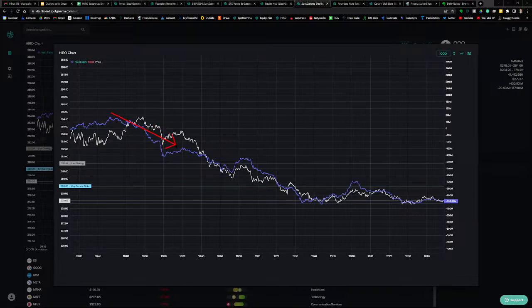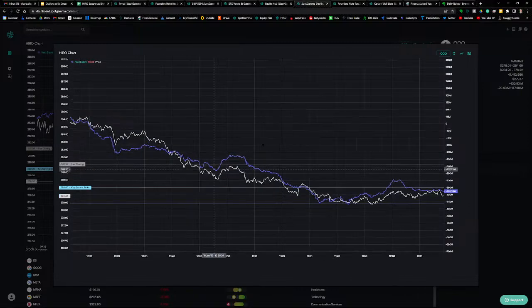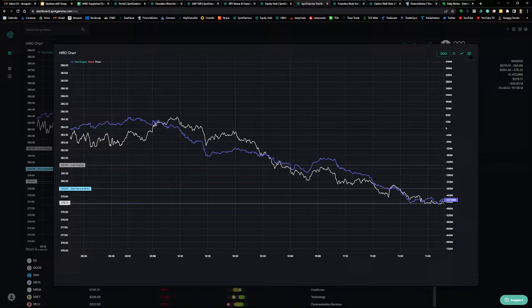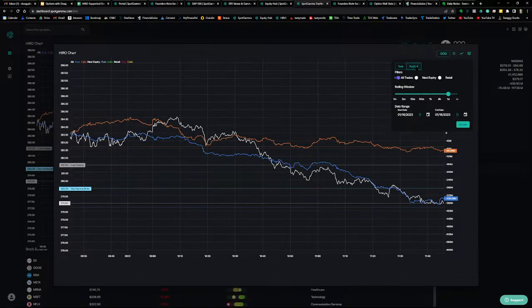Hero starts falling before price falls. Zoom in a little bit more. And let's separate out puts and call transactions. You can see that a little bit more clearly, that traders started buying puts and then started selling calls, and price moved lower a few minutes later.